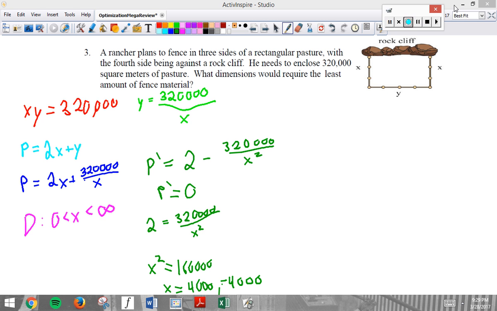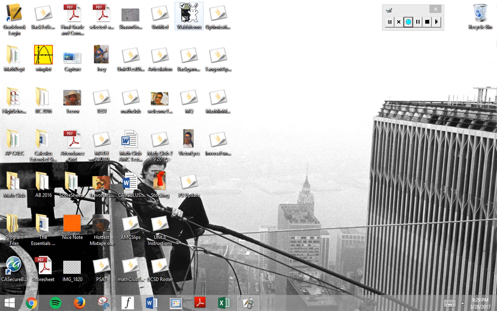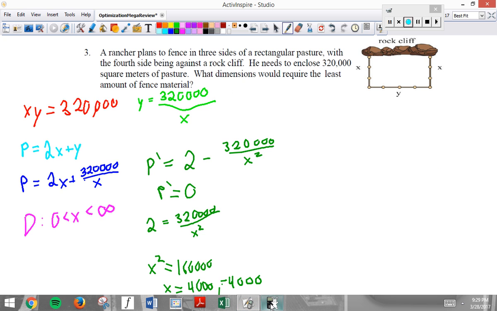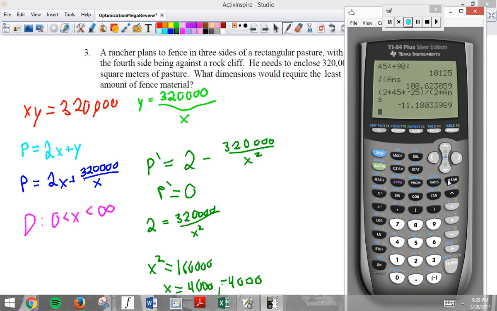I'm not going to use my foolish pride. Hubris will be the death of you all on the AP test. Notice how little of my math I do in here? I don't do 2 plus 2. I swear I've seen people do that in our class. Clear, square root, 160,000. 400.